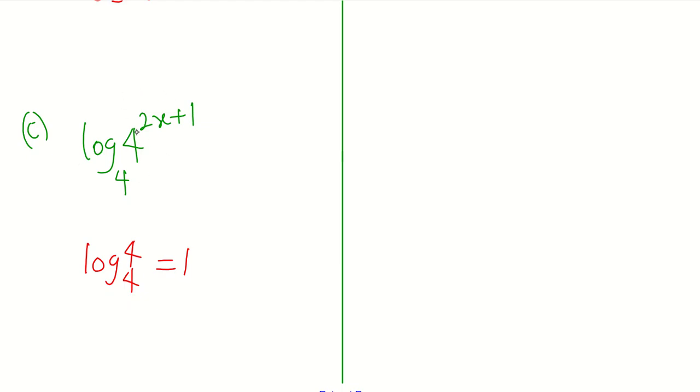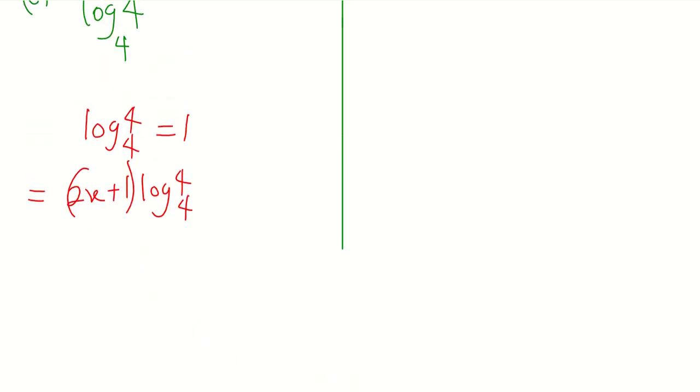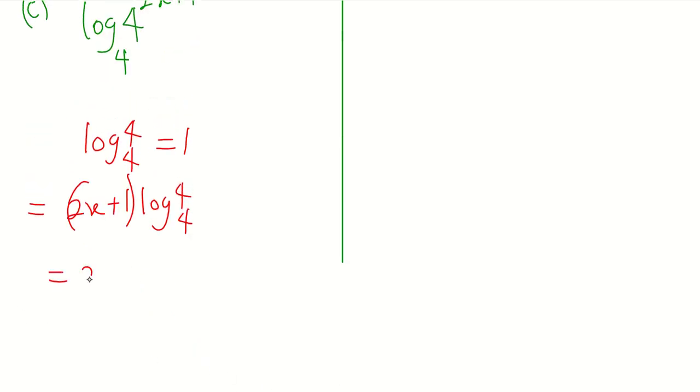We are referring this from the laws of logarithm, which means we can have our solution as 2x plus 1 logarithm of 4 to the base 4. But we know that logarithm of 4 to the base 4 is giving us 1. So in this instance, we have 2x plus 1 multiplied by 1. And at the end, we are going to get the same answer, and that is 2x plus 1. And this becomes the solution to this question.